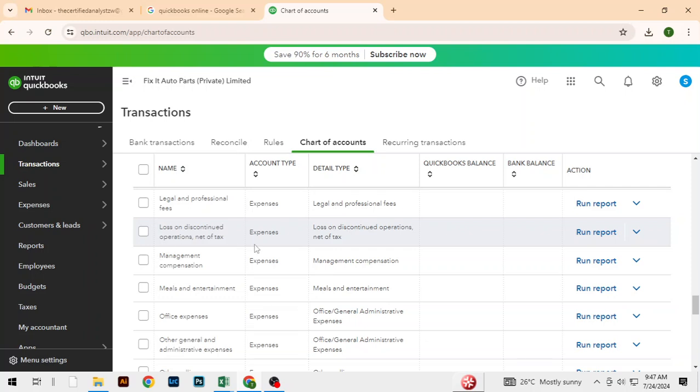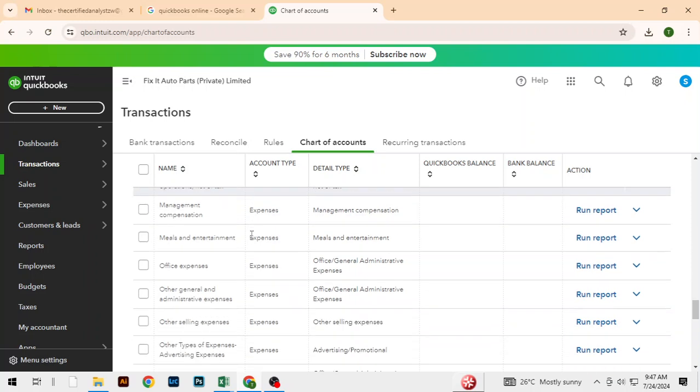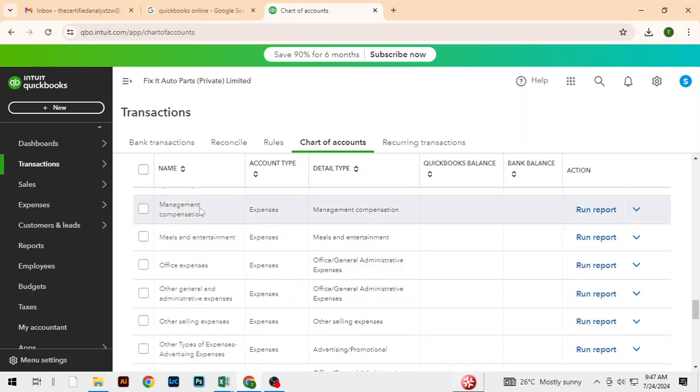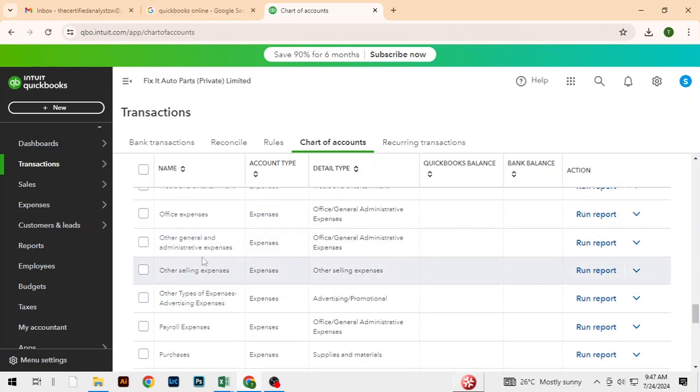Loss on discontinued operations, management compensation. If you are paying a director fees and all that, you have to use this one. Meals and or management fees, and then meals and entertainment, you use this one. Office expenses like office in general, and other general and administrative expenses, obviously you have to use this one.